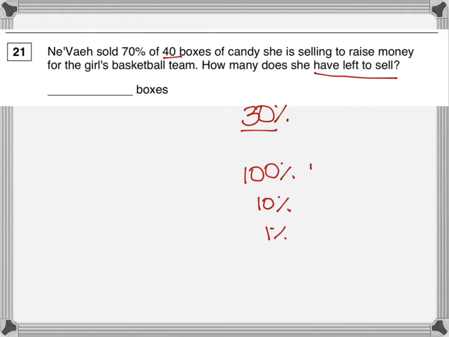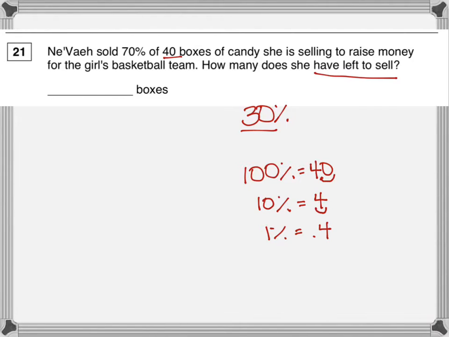So my 100% is 40. To find the 10%, I move the decimal over 1, which is 4. And to find the 1%, I move the decimal over again, which is 0.4, or 4/10.